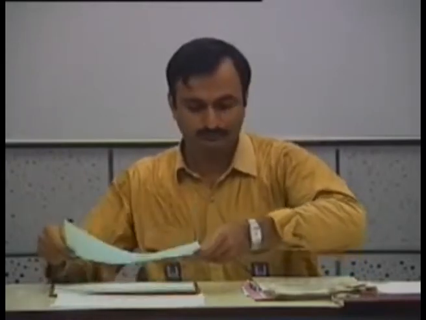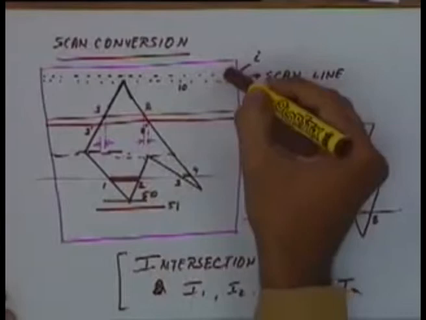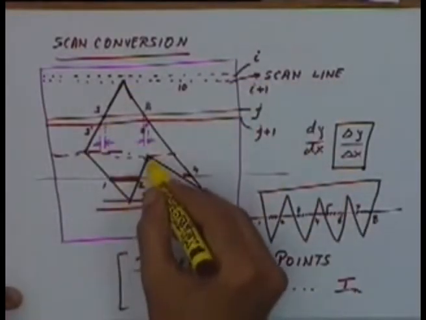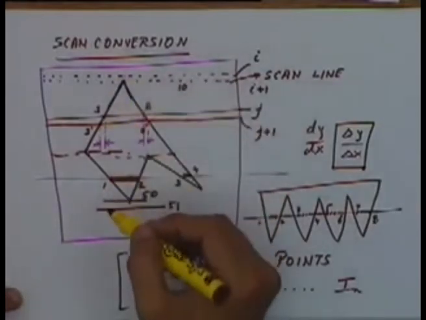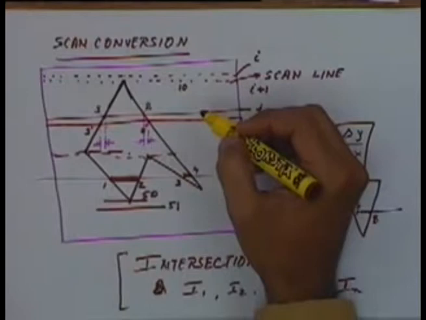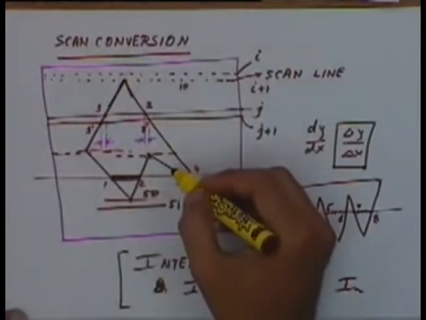I mentioned earlier that we need to keep track of two things. One is, on a particular scan line, which are the vertices which are there. And the second thing is, on a particular scan line, what are the sets of intersections, or what are the sets of edges which are active.